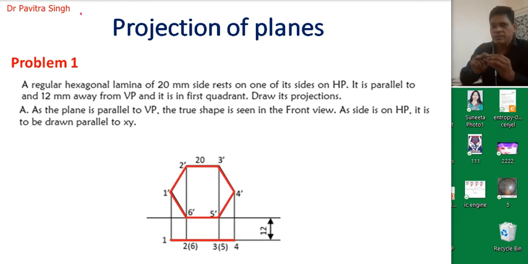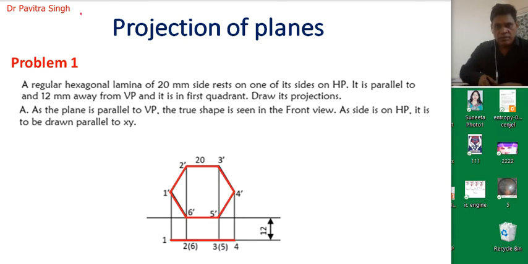Again, a segment of different lines will give you a plane, which is actually two dimensional. If we use a segment of different planes, this will give you a third dimension, which is actually a solid, meaning a three-dimensional view. So today we will discuss the projection of planes.